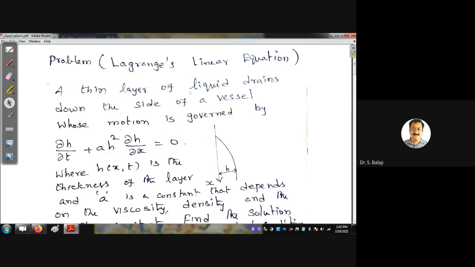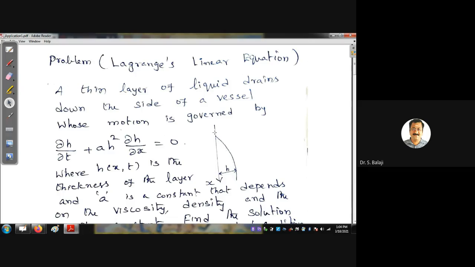A thin layer of a liquid drains down the side of a vessel, whose motion is governed by the equation.